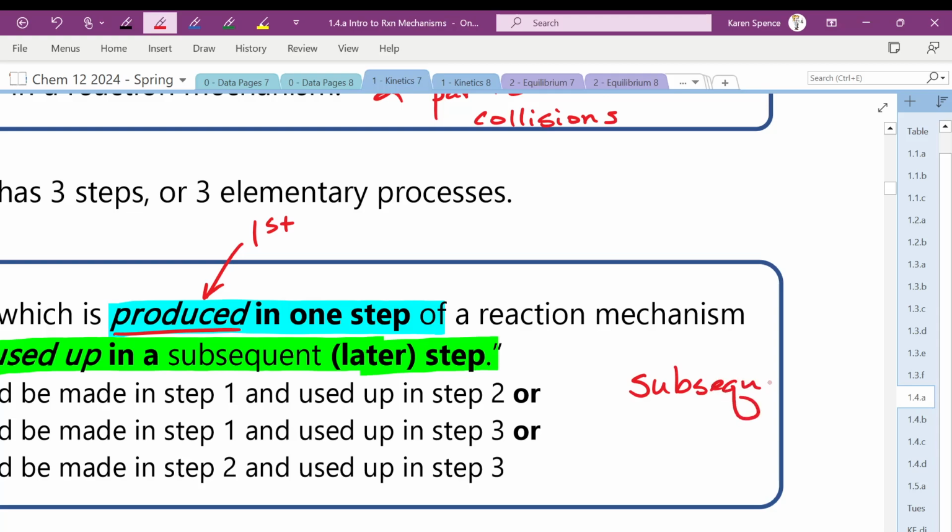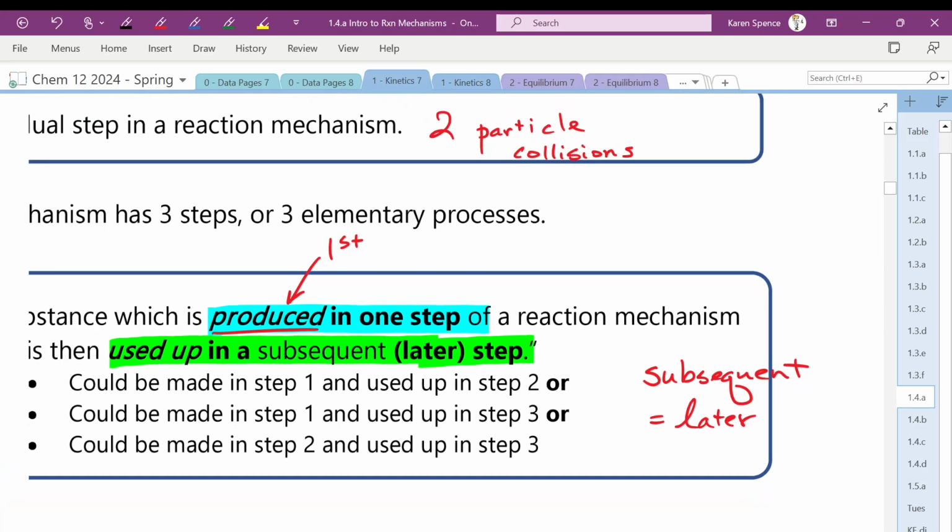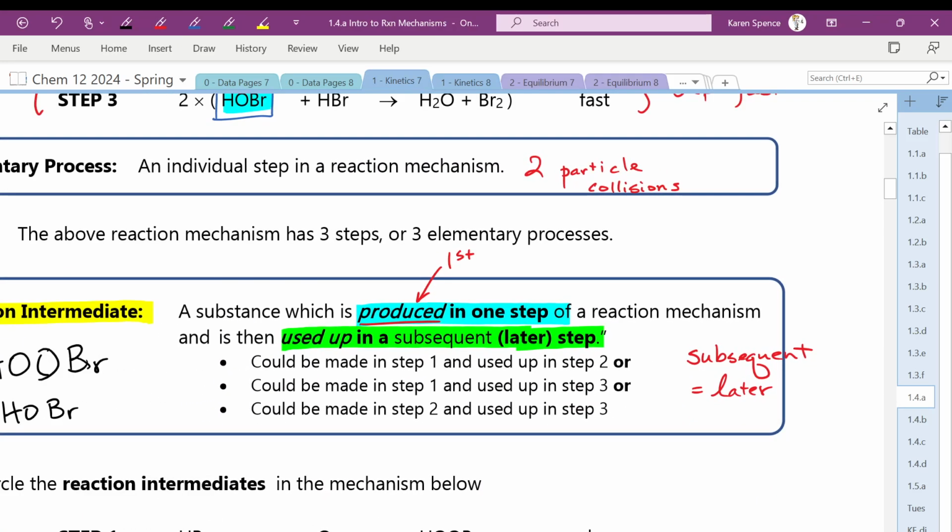Not that you need to use this word, but if you come across it, I don't want you going, what is that? So first, the reaction intermediate is produced, and then second, it's used up.